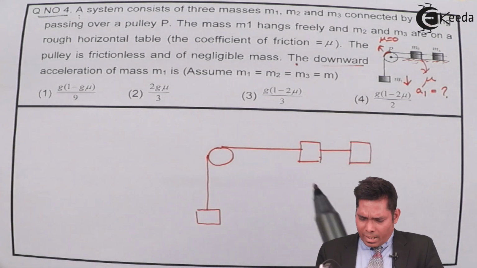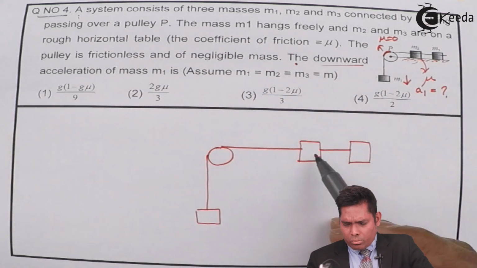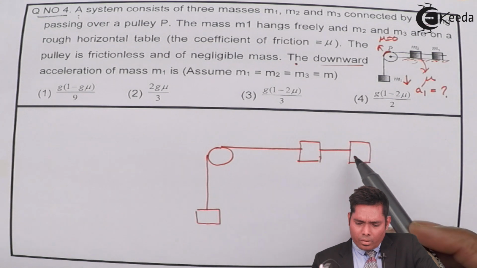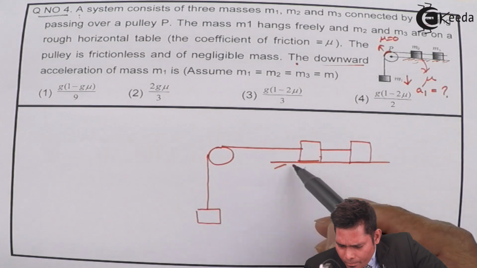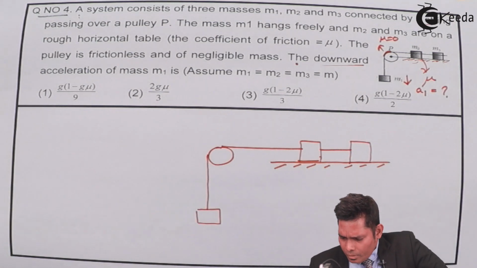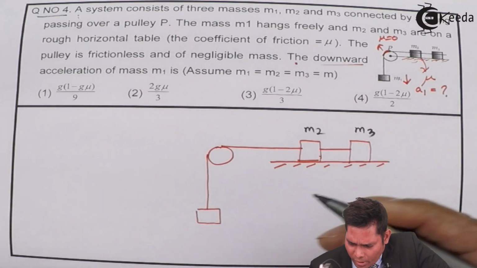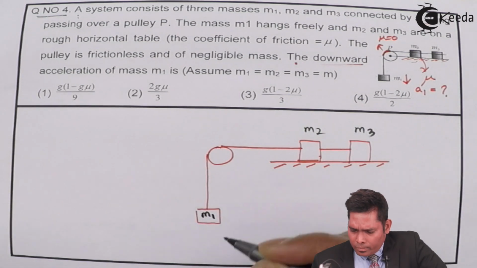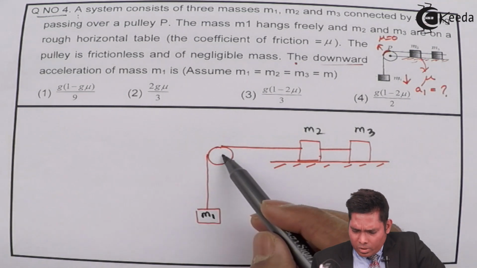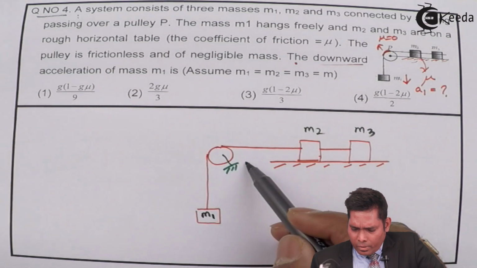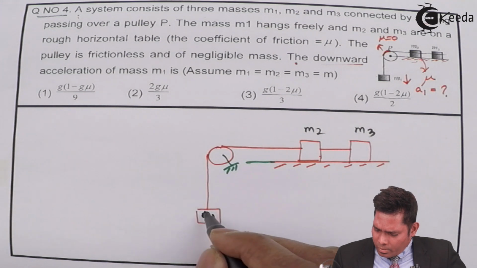One interesting point is that by a string, the same string actually pulls everything. You can see that this is M2, this is M3, and this is M1. Now, this is a support, some support is there that we are not interested in.